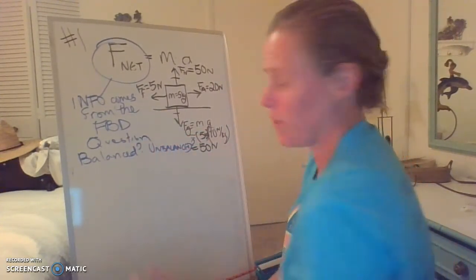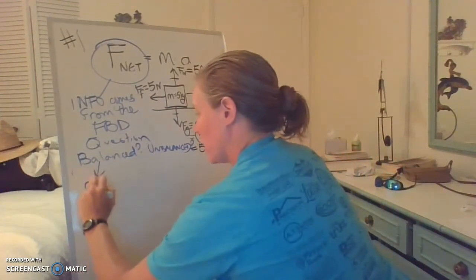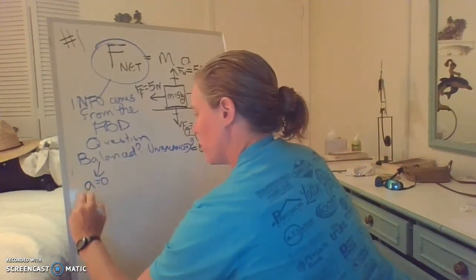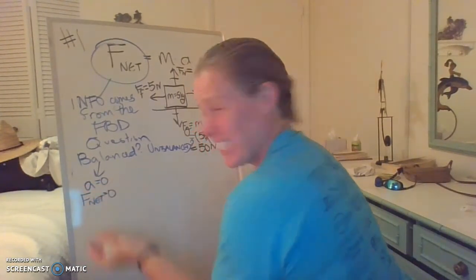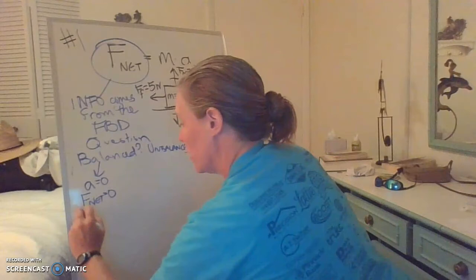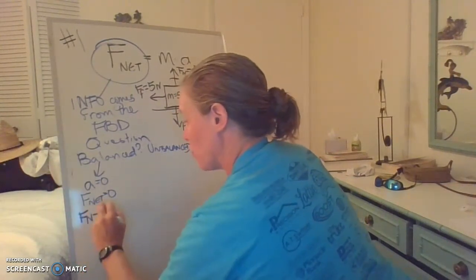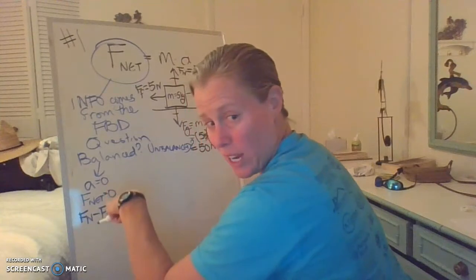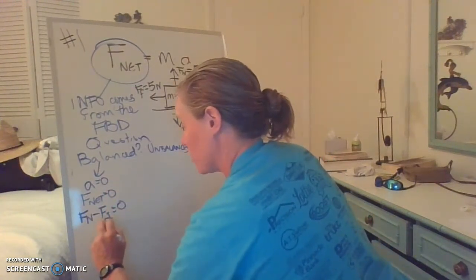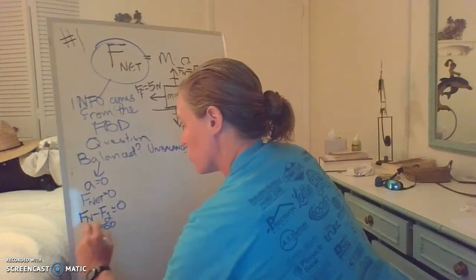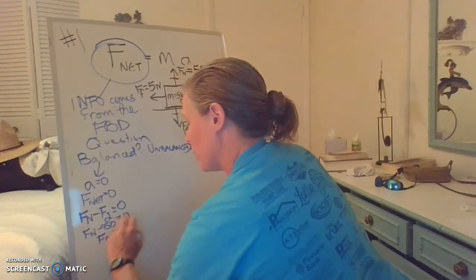If they're balanced, what do we know? Acceleration equals 0, so net force equals 0. That's like our vertical situation where force normal is up, so positive, and force gravity is down, so negative, and that equals 0. Since force gravity was 50, force normal equals 50.